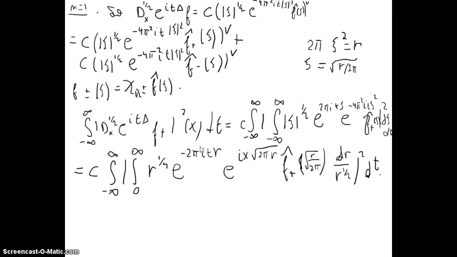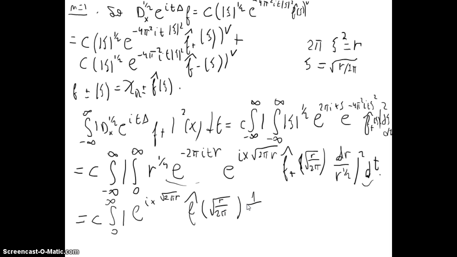Notice that we can get rid of the integral in dt, and we can cancel this r^{1/4}, and we obtain the integral of e^{ix√(2πr)} f-hat of r over 2π, times 1 over r^{1/4}, squared dr.